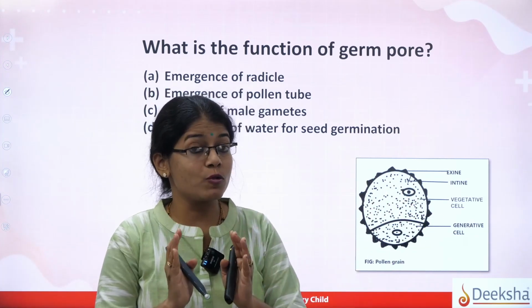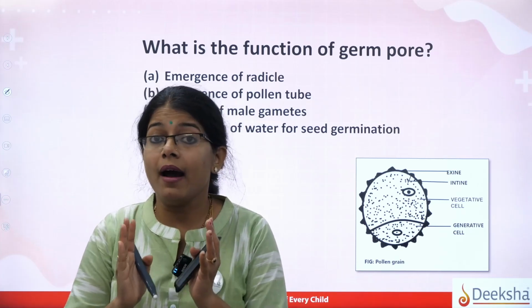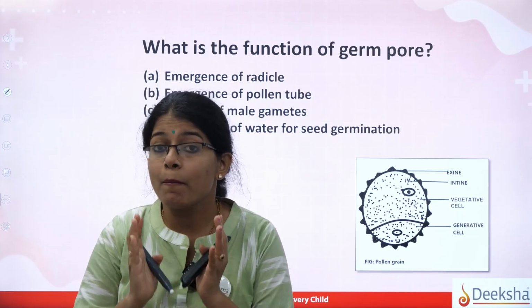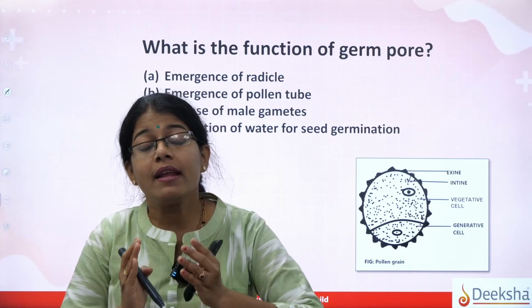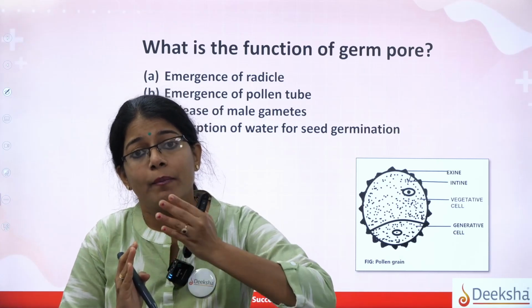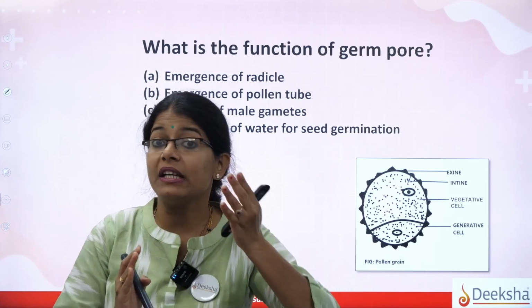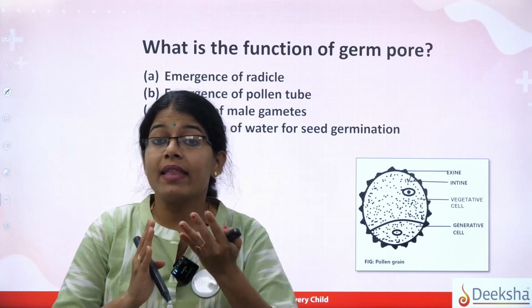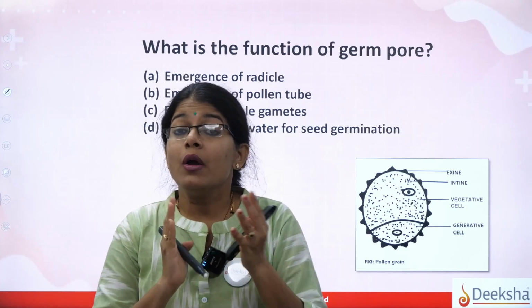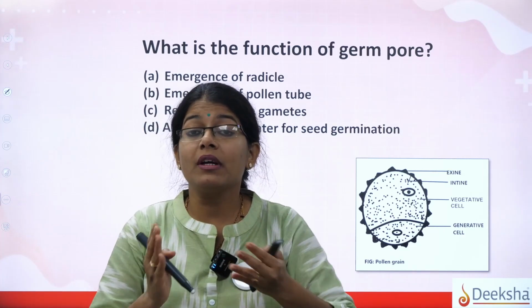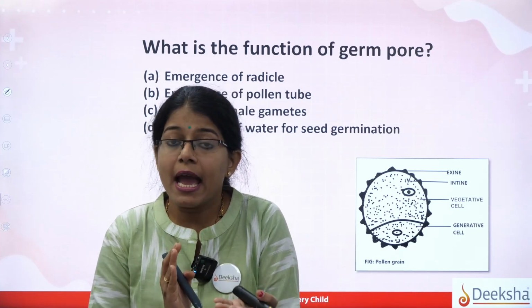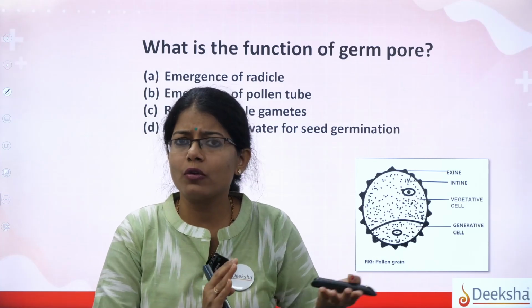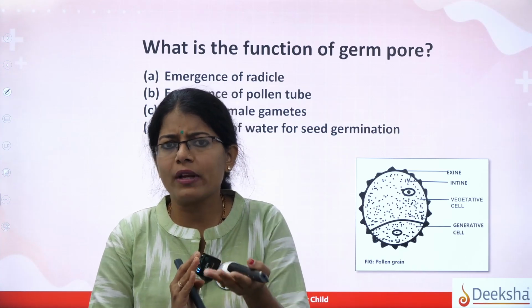Now look at this, students. Pollen grains are a very important part of the flower, because pollen grains are the ones which will be transferred from the anther to the stigma of the flower, and that will be called pollination, which will result in the development of the end product, that is the seed, and further the formation of the zygote.